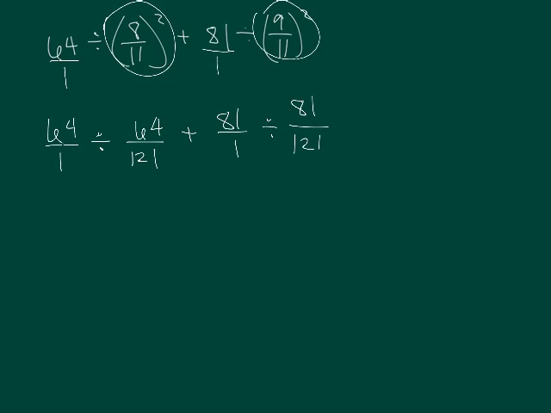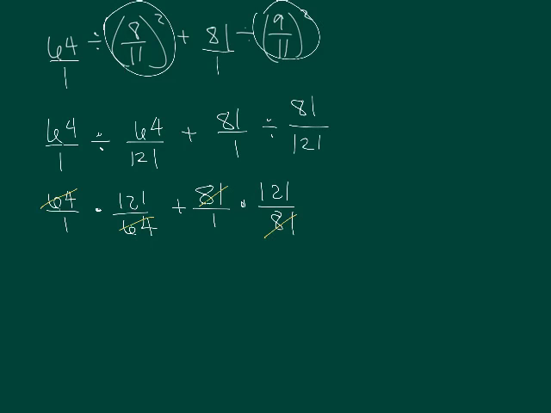Now remember, I don't cross this line here because of that plus sign. So let's go ahead and make it into a multiplication. So I'm going to invert, and I'm going to leave this 81. I'm going to invert. Okay, first thing I notice is crossing those two out and crossing those two out.